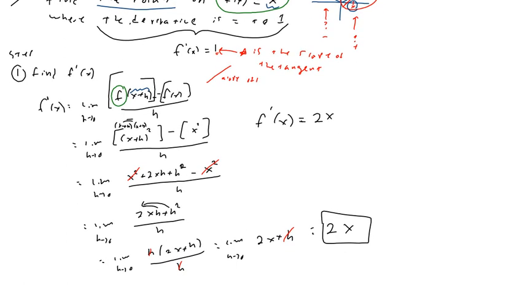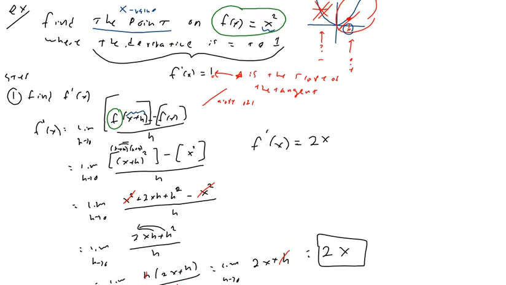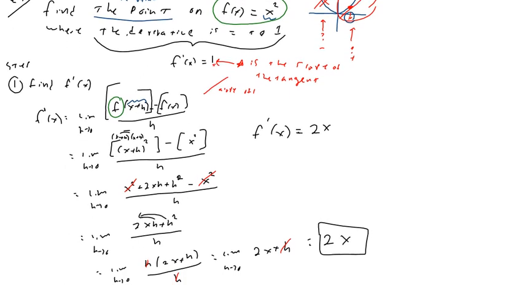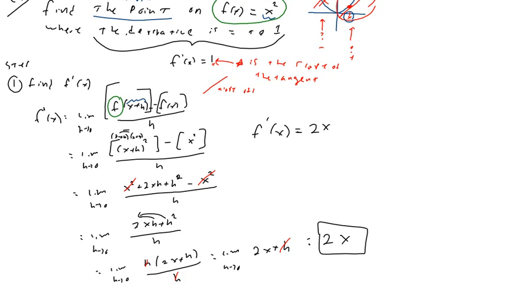Plug in. Okay, maybe we plug in. Plug in what? Where? We want the derivative to equal 1. We want the slope of the tangent line to be 1. We have our derivative equation here, and I want to find the x value.